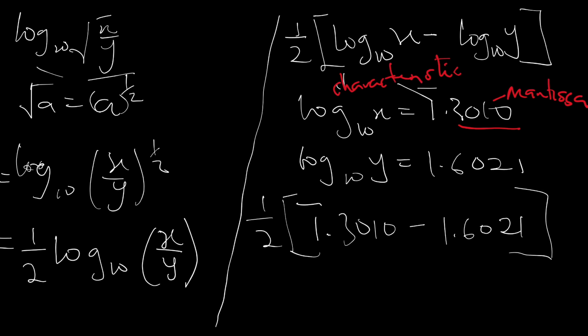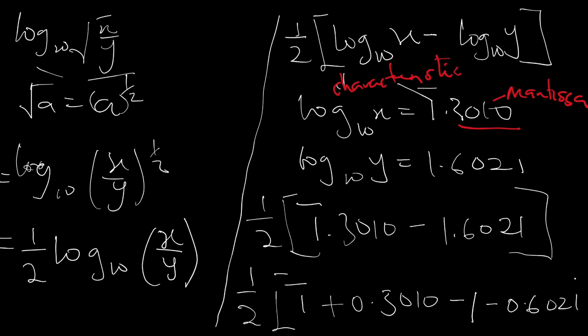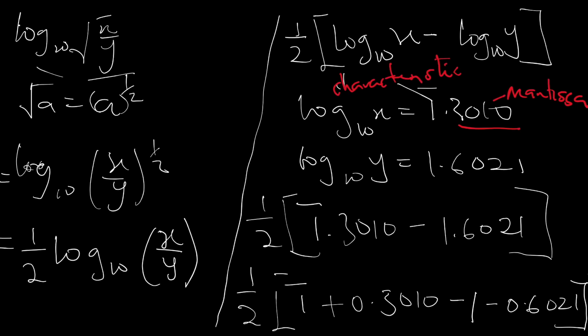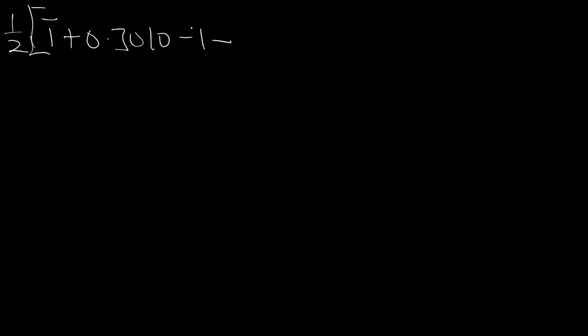Now splitting our values into the characteristic and the mantissa, we have 1 over 2 into bracket bar 1 plus 0.3010 minus 1 minus 0.6021.